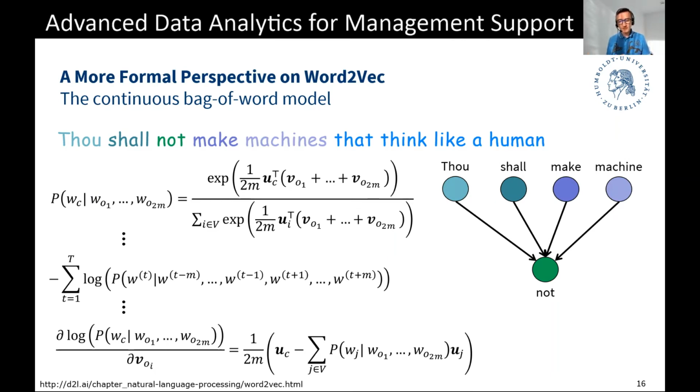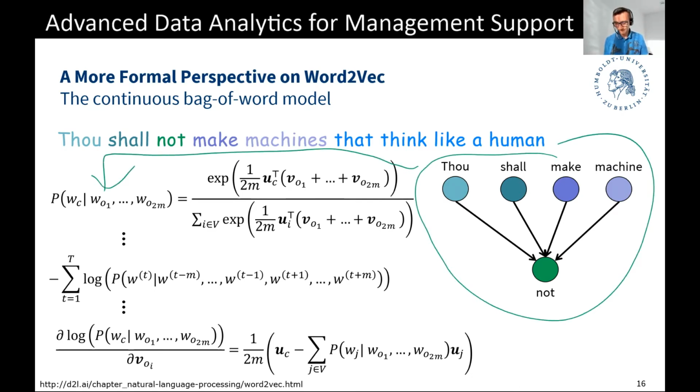The probability of interest now is the probability of observing w_c, our central target word, given that all the context words w_o1, w_o2, up to w_o2m, as I was denoting them, occurred. I'm sure this picture shows exactly this bit. Looking at the picture is easier.